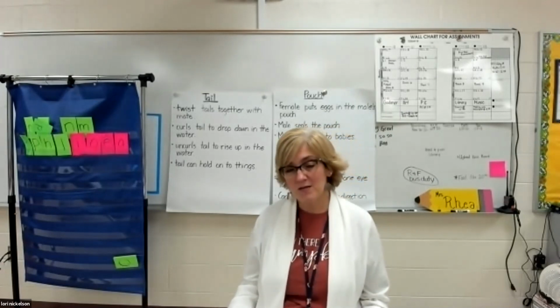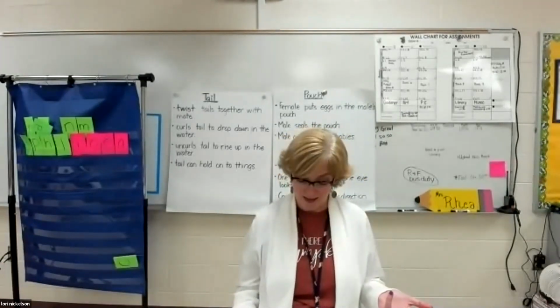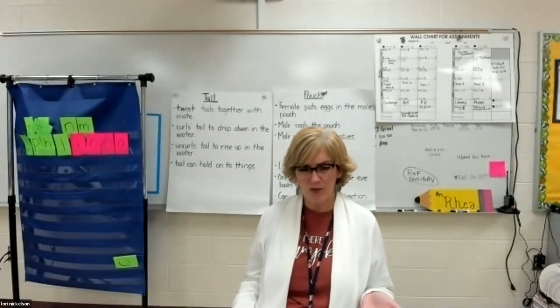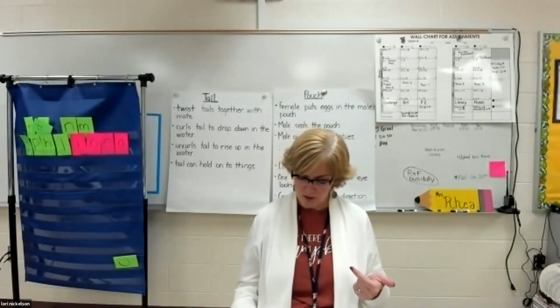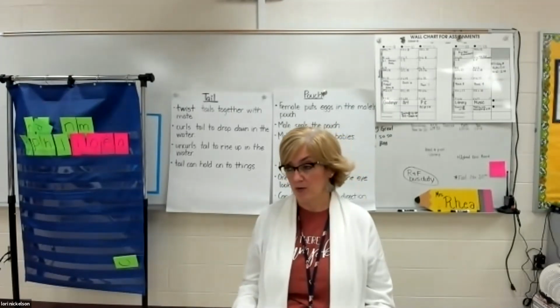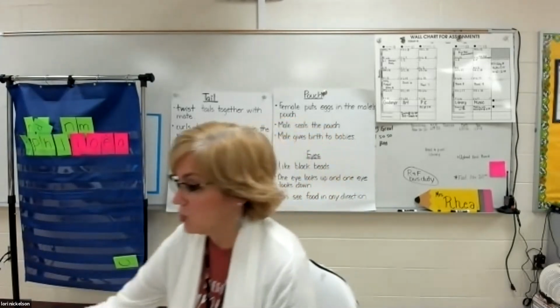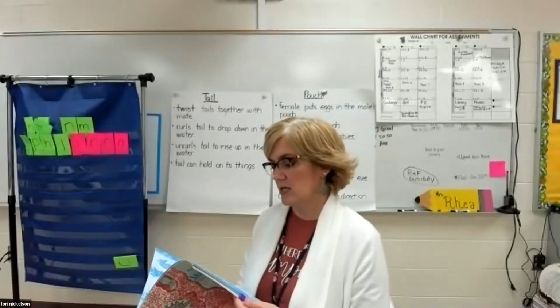So let's think back to our last lesson. We talked about an index. What is the purpose of an index? Well, do you remember? It's where we can find topics and the page numbers. For example, let me show you the index on the seahorse.